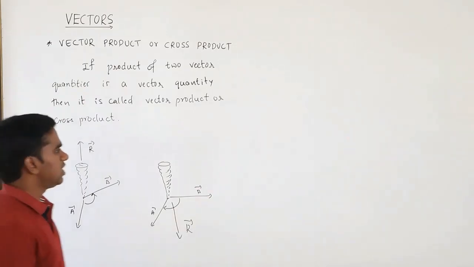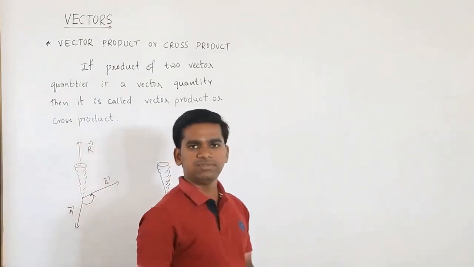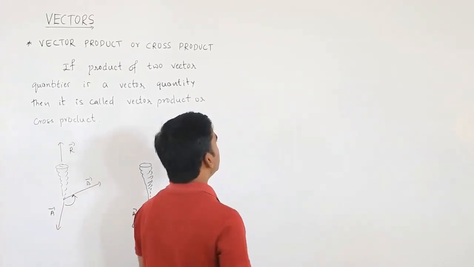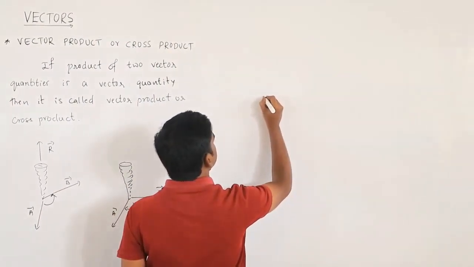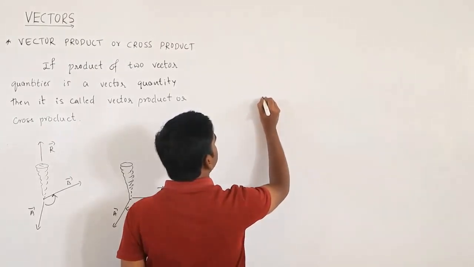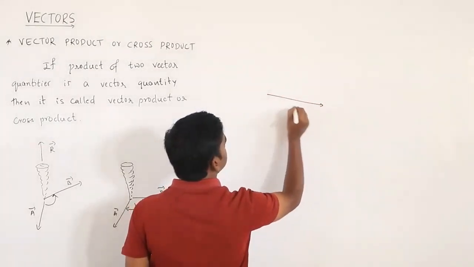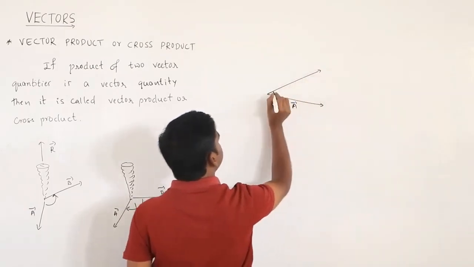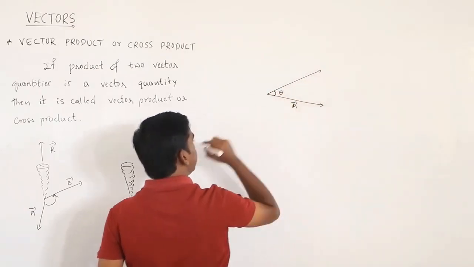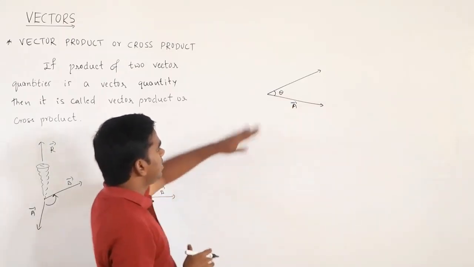In general, how can we write the formula for this? Consider two vectors: this is vector A, and this is vector B. This is angle theta. Try to understand this diagram.